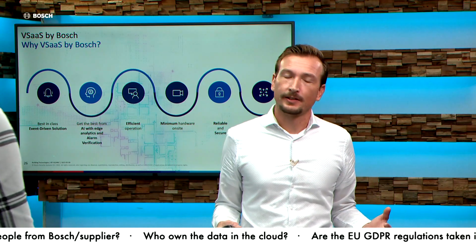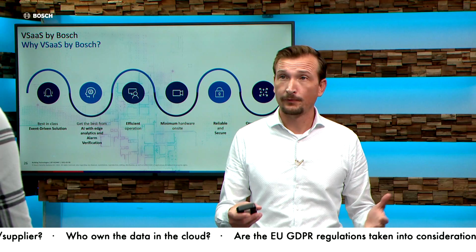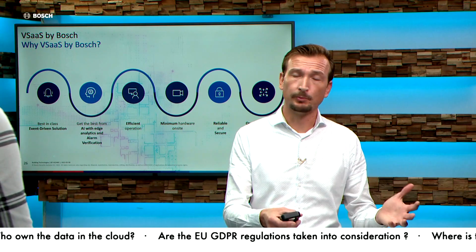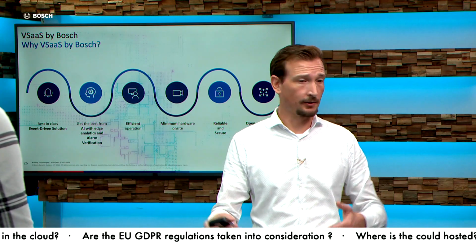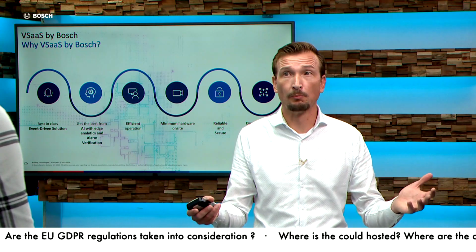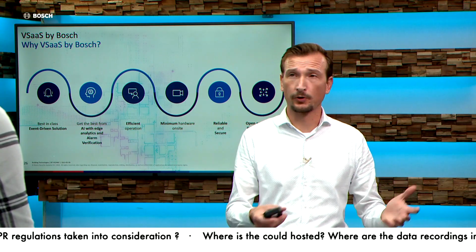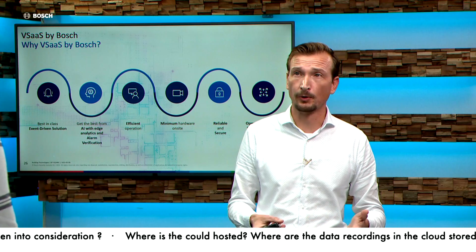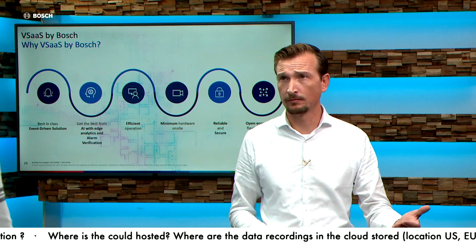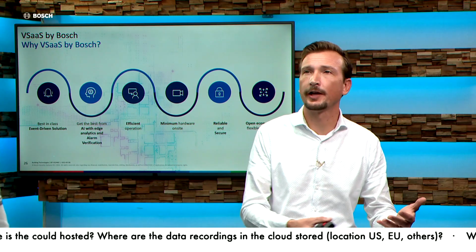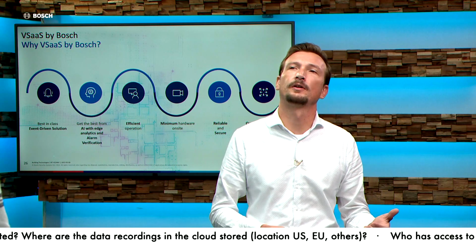I believe it is also relevant if you have few cameras. As you saw with Remote Portal and Video Security Client, we can deploy a small system, you connect, and you can start to see from remote. You just need a camera, and for recording, you just connect one SD card to that camera.